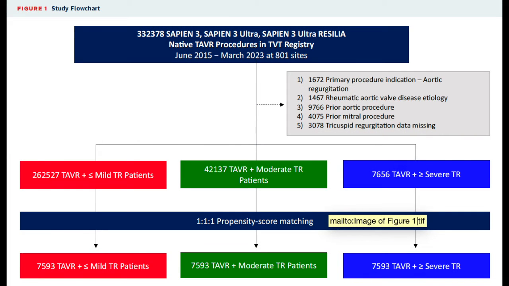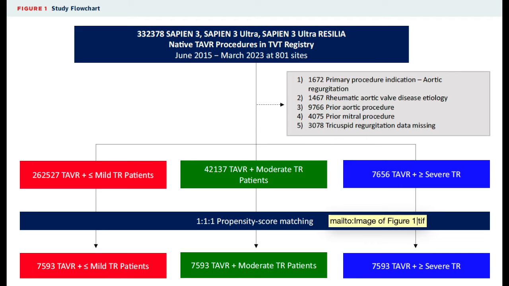Yeah, so the beauty about the TVT registry data is that it's a large cohort of data. And we got what we expected to see, which is the majority of patients with severe AS have mild TR. But also, reports have been varied before about what is the prevalence of severe TR, and it's not insignificant. Some patients will have severe TR, and in our cohort, in this large TVT registry, it's 3% of patients.